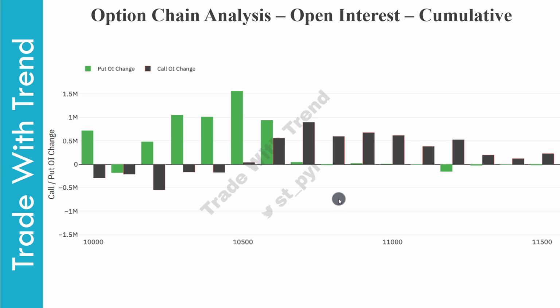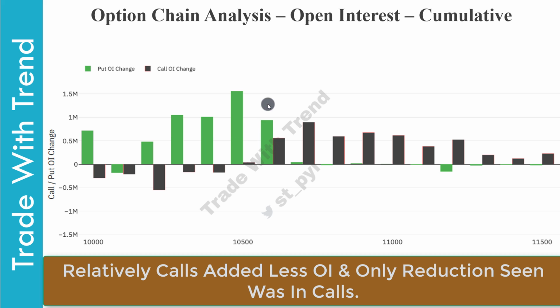Now, some of you might be questioning here that while open interest change has happened on puts, it has also happened on calls. There is no reduction as such. Well, yes, open interest addition has happened on puts, but reduction has happened in calls between 10,000 and 10,500.